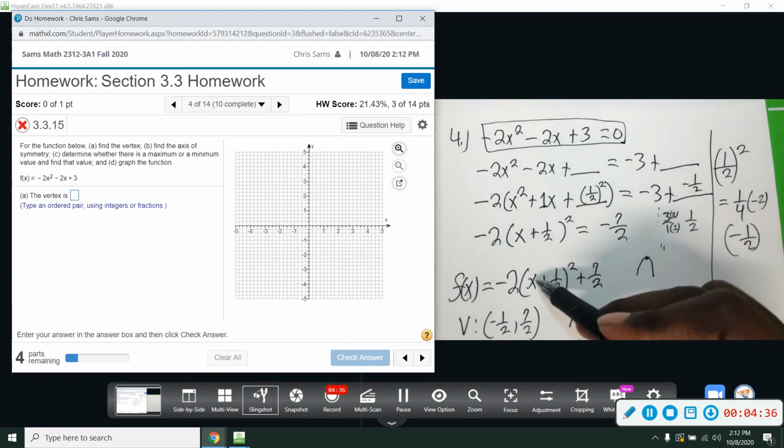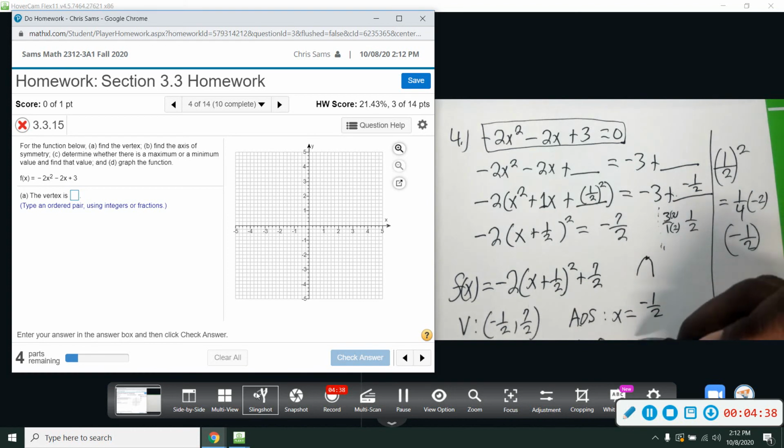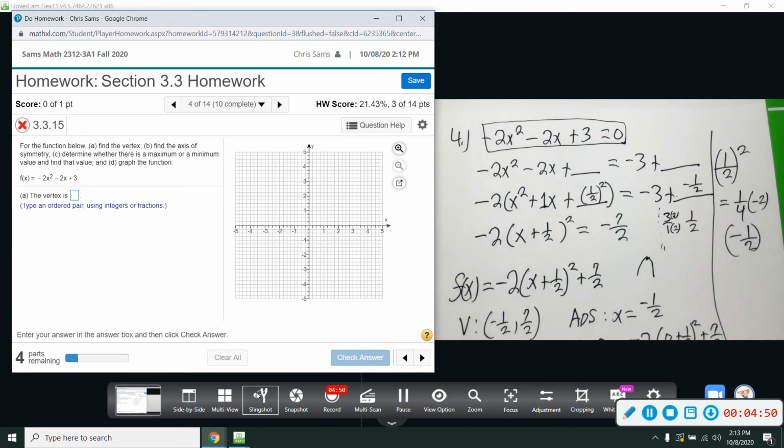So if I plug in a 0 here, that is negative 2 times 0 plus 1/2 squared plus 7 over 2. Alright, so 1/2 squared is 1/4. Negative 2 times 1/4, and plus 7 over 2.